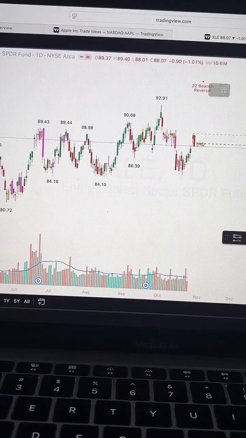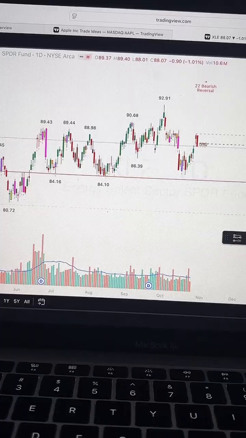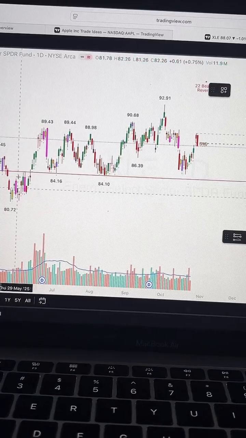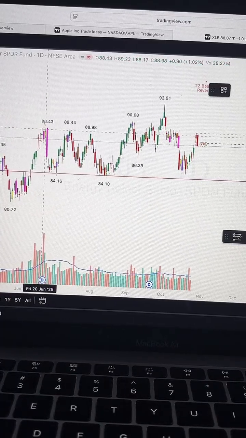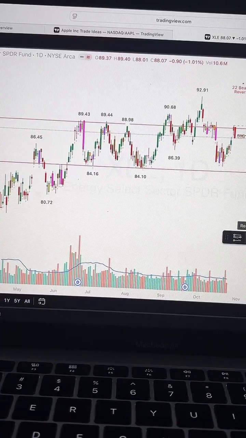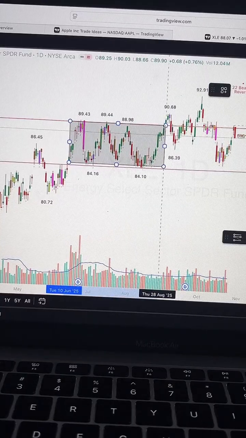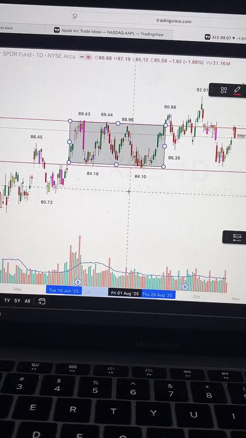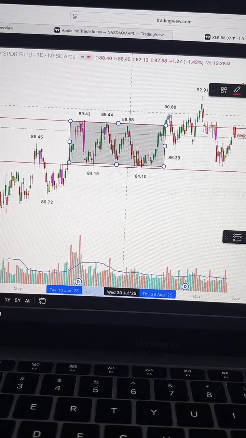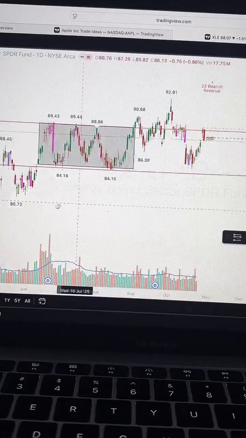Again, you can draw it out like that level. Okay, let me show y'all what I'm saying. So right here we were consolidating, right? We needed to break these to get a breakout and maybe start a trend.